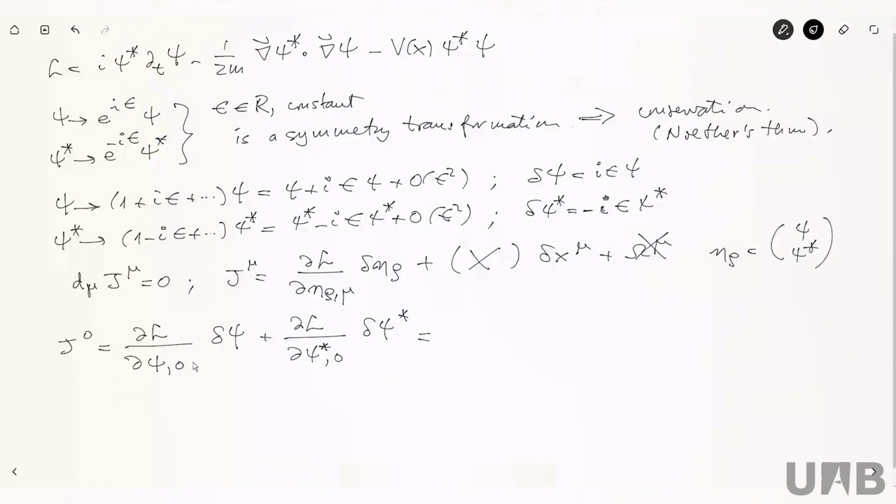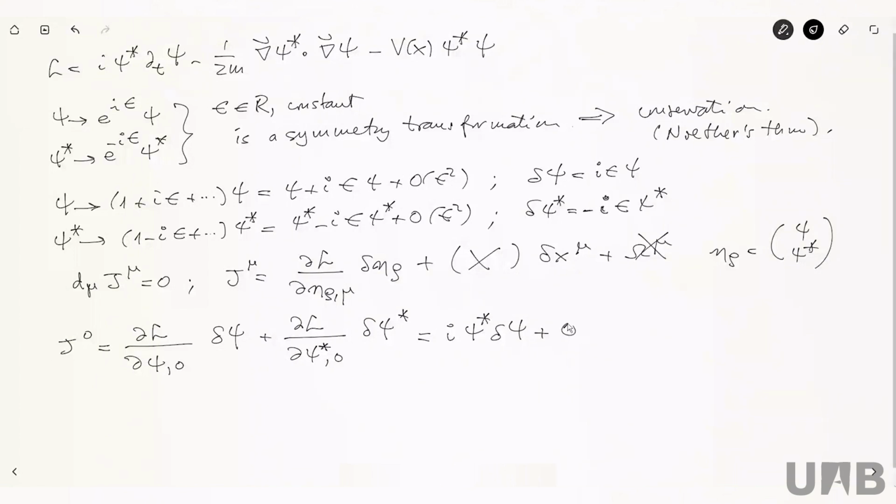Okay, so let's compute each term. Who is the derivative of L with respect to ψ_{,0}? This guy first. How much is this? It's iψ* times δψ, plus the derivative of L with respect to ψ*_{,0}, which is 0.